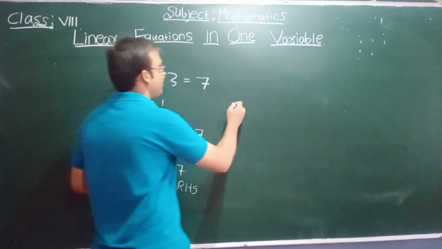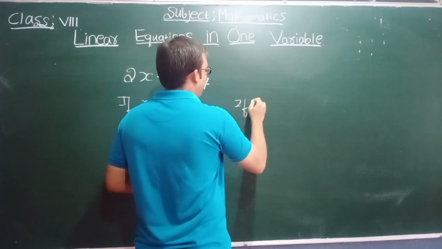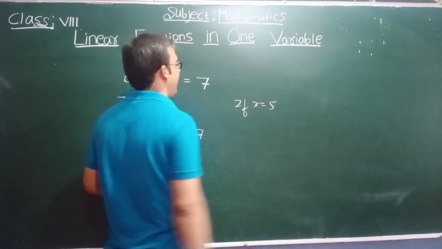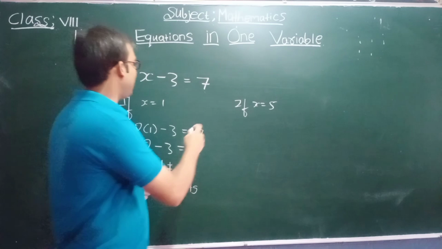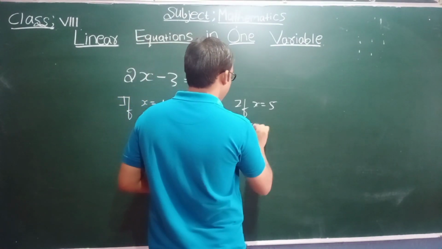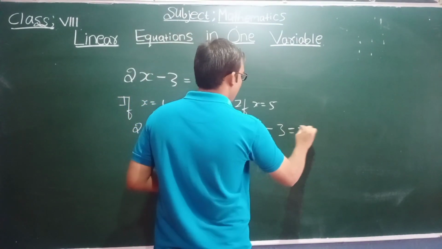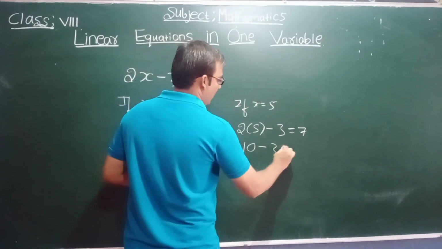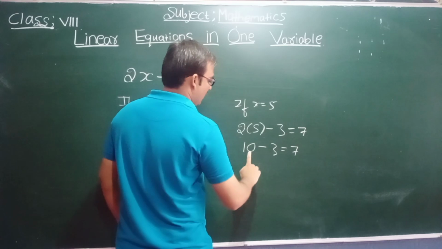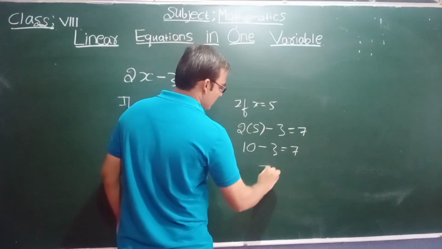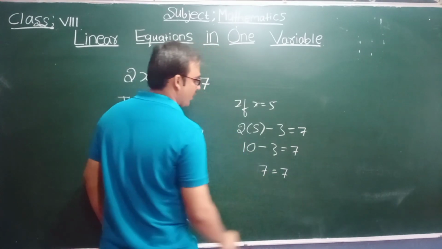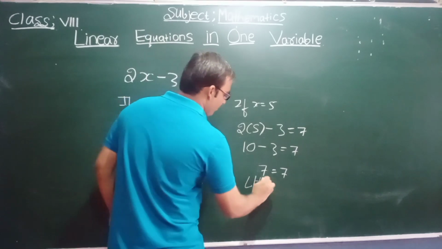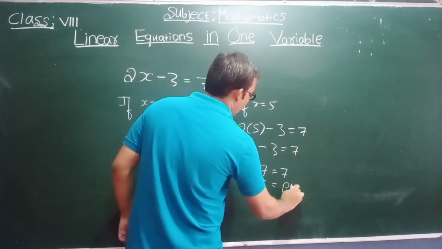So if we take x equals 5, let us put it in this equation, 2x minus 3 equals 7. 2 into 5 is 10, minus 3 is 7, equals 7. Look here, students, LHS is equal to RHS.